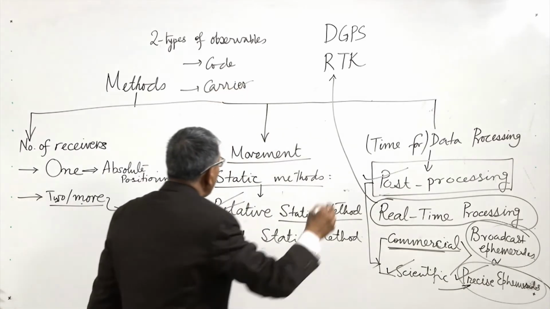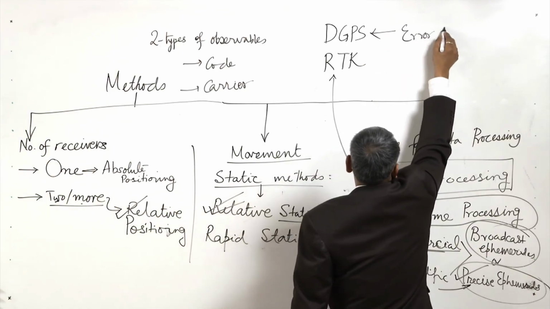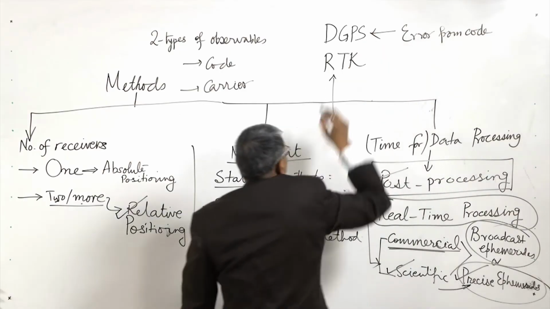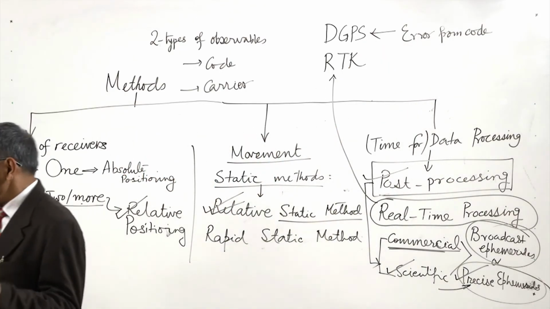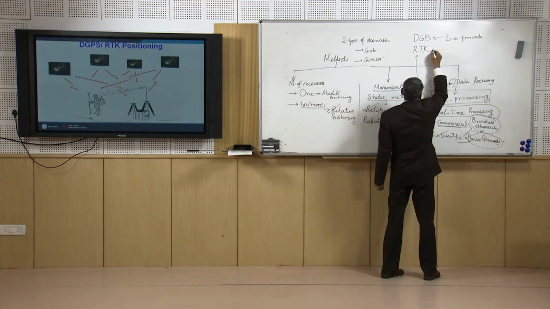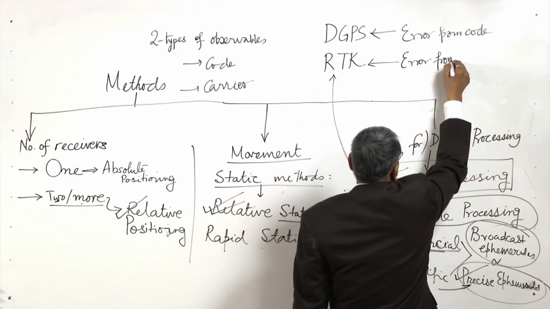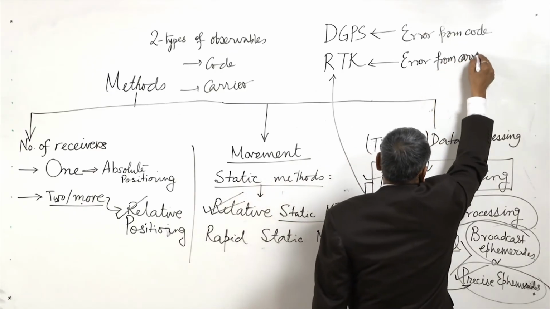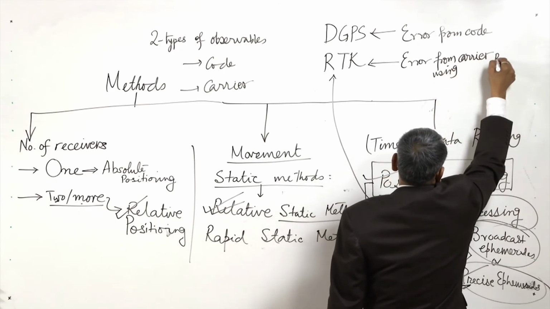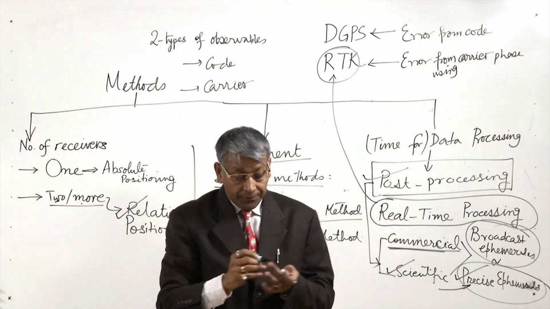If the error is computed from code, then the method of surveying is called DGPS. And if the error is computed using carrier phase, then the method is known as real time kinematic.